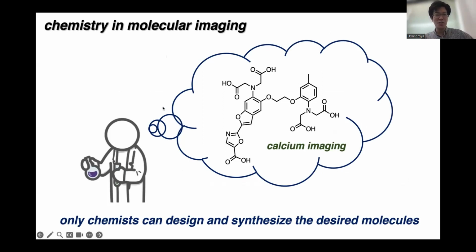Of course, a student might synthesize the probe itself, but anyway, he designed this molecule based on chemistry. Biologists can also design and develop sensors based on fluorescent proteins, but fluorescent probes, I mean organic compounds, are also very, very important in molecular imaging.